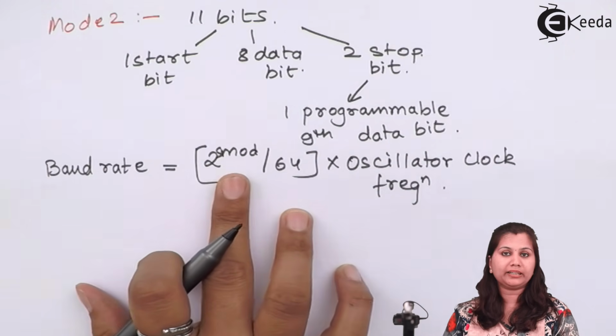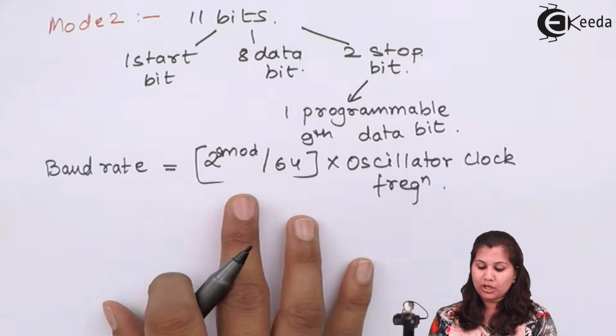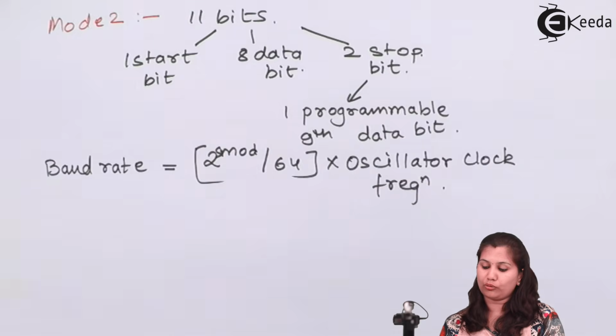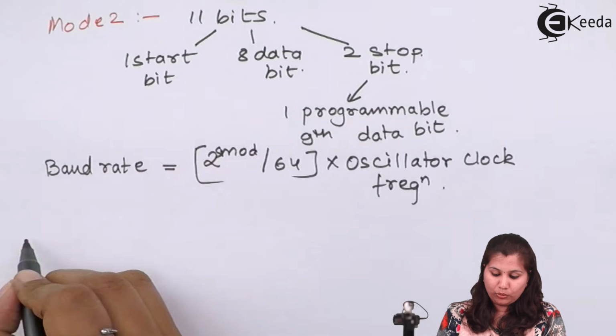Now this SMOD bit can be 0 or it can be 1. So we can say that in mode 2 the baud rate is 1 by 64 of the clock frequency, whereas in mode 1 it was 1 by 32 of the clock frequency. Next comes mode 3.